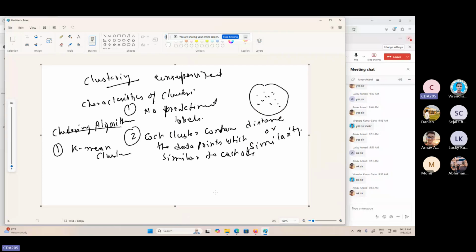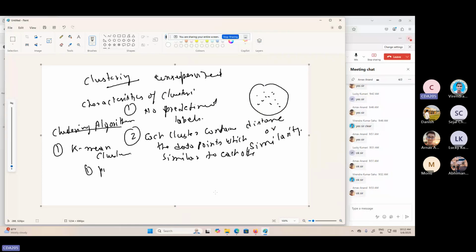What are the steps in that? Partition the data into k clusters, use the centroid to define the clusters, and specify the k. These are the three steps.